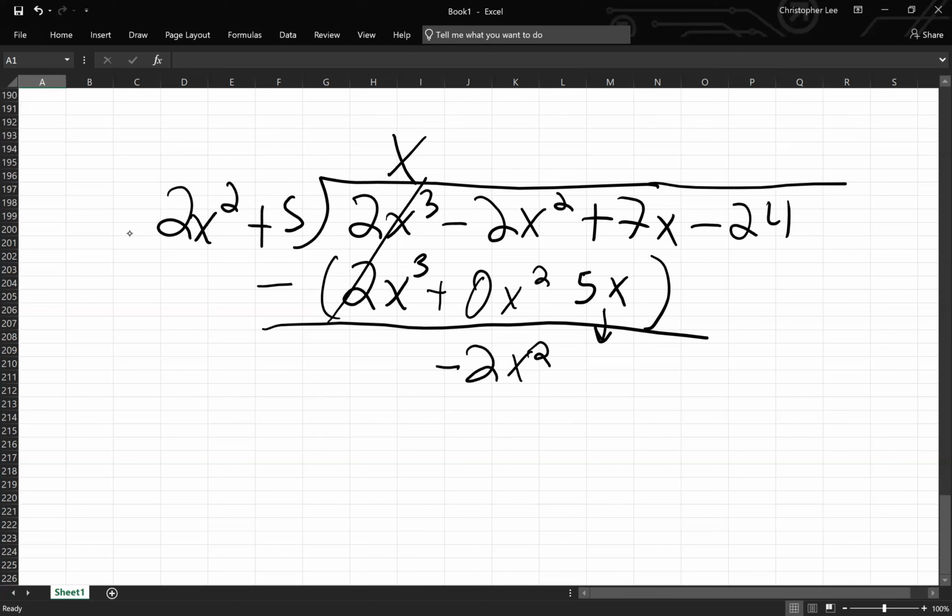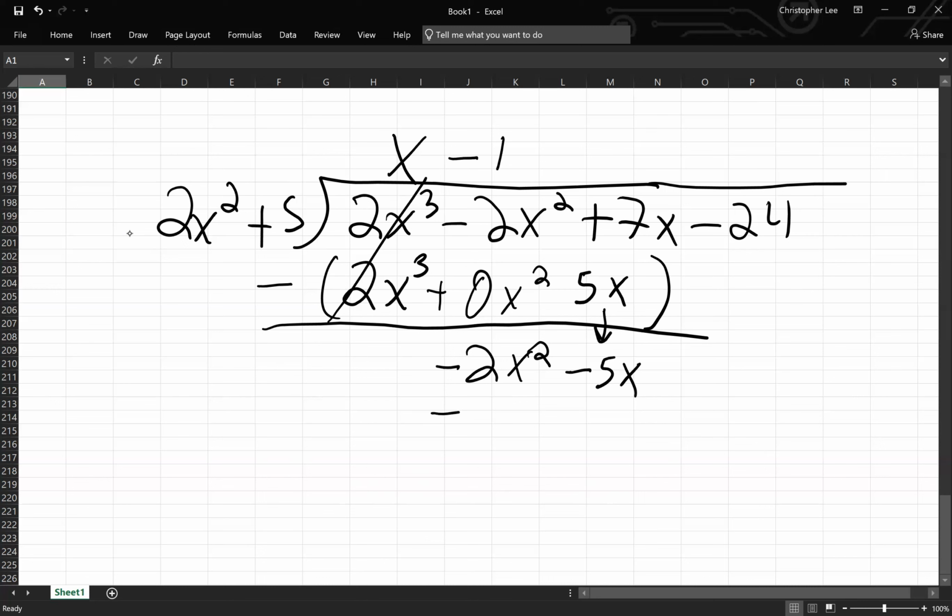One second. This is interesting. I'm trying to think what to do here. I'll just bring down the 5x. So 2x squared goes into negative 2x squared how many times? Negative 1, right?